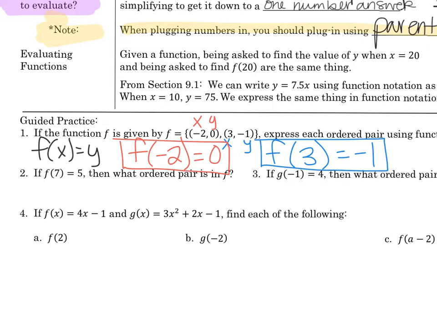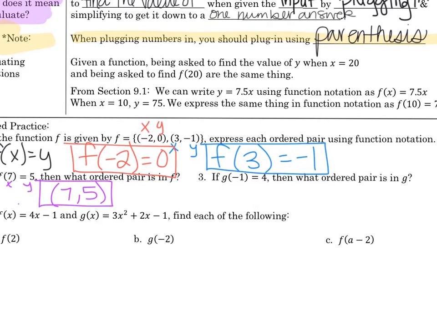Looking at number 2, it says if f of 7 equals 5, then what is the ordered pair? This is x, this is y, so the ordered pair is (7, 5). If g of negative 1 equals 4, then what ordered pair is in g?